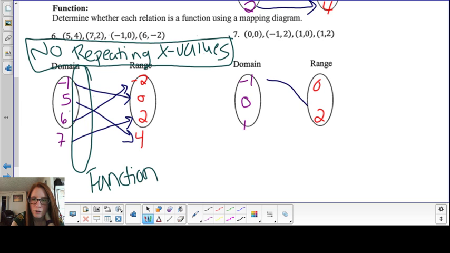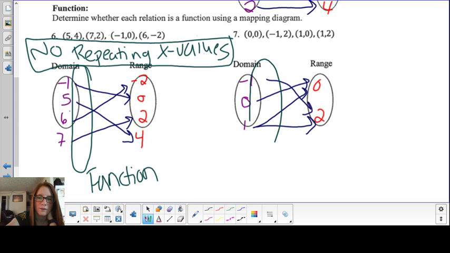Negative 1 goes to 2. 0 goes to 0. 1 goes to 0. And 1 goes to 2. So as you can see here, since you have 2 lines coming from 1, this is not a function.